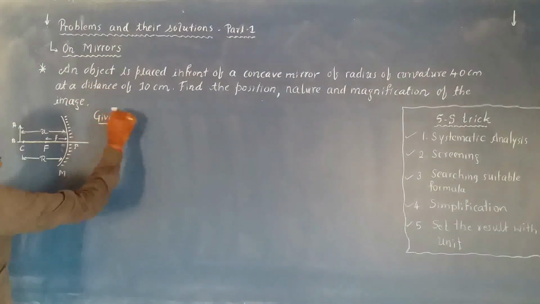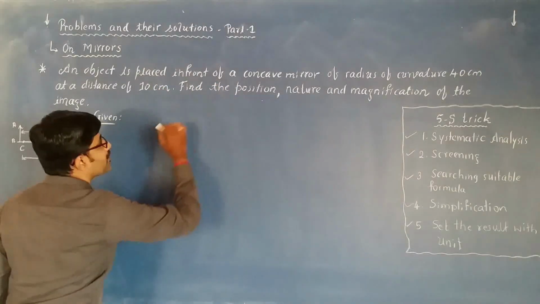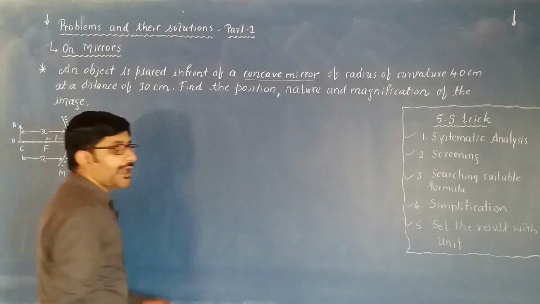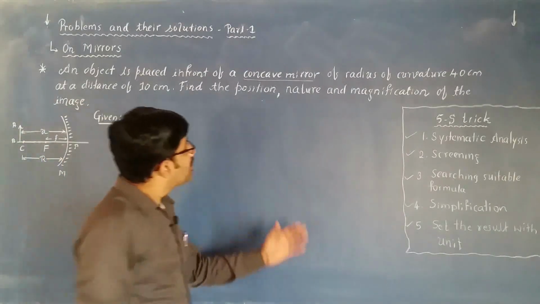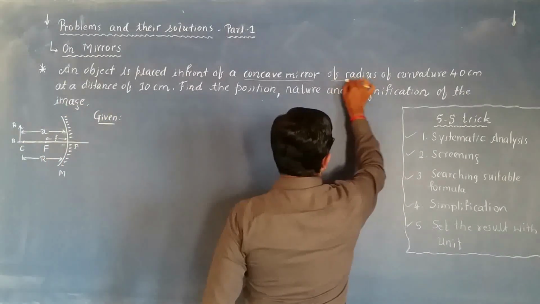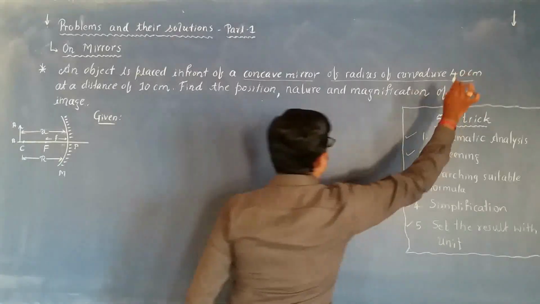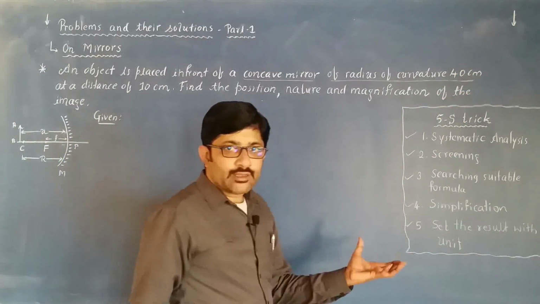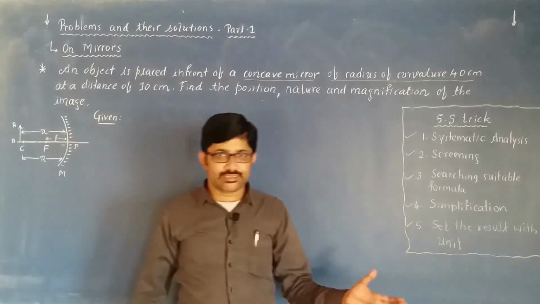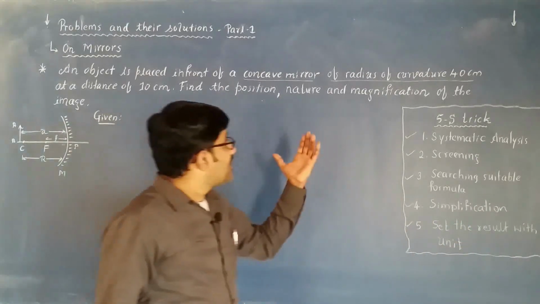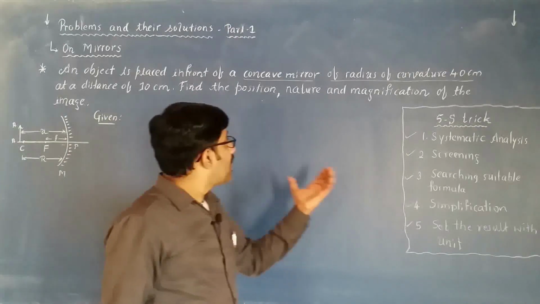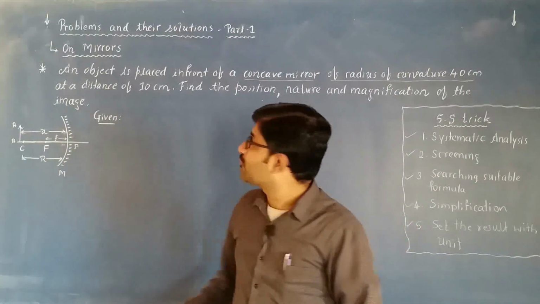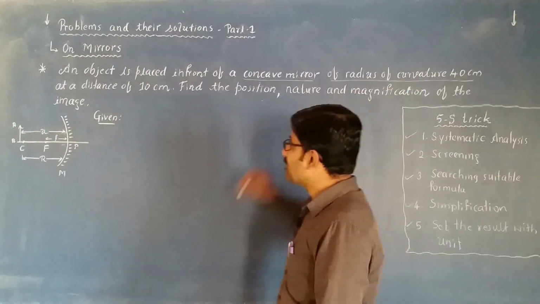An object is placed in front of a concave mirror of radius of curvature 40 centimeter. So we have the concave mirror, and in front of it we have placed the object. The concave mirror has a radius of curvature of 40 centimeter.